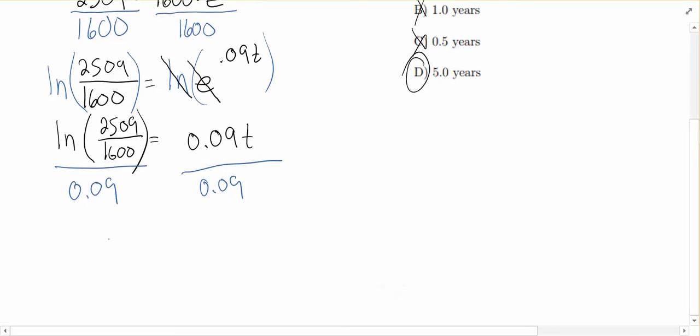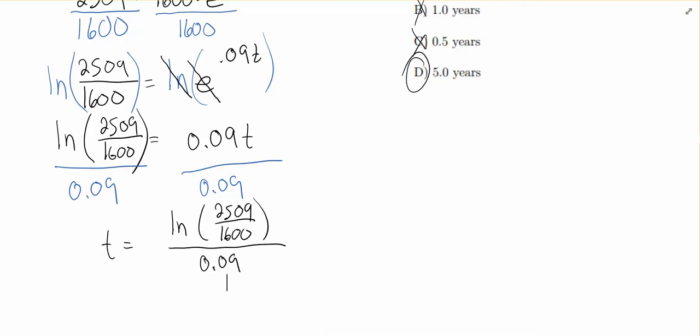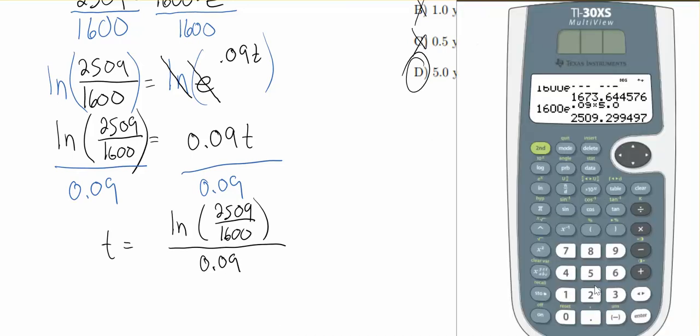So we should get an answer of t equals the natural log of 2509 over 1600, all over 0.09, at which point we can pick up the calculator. So I have a fraction where I have a natural log with a fraction in it of 2509 over 1600.